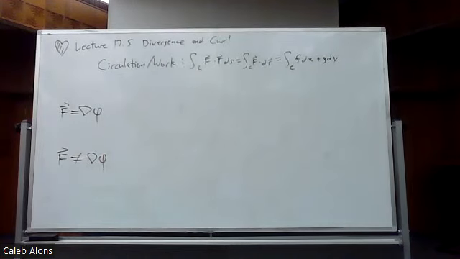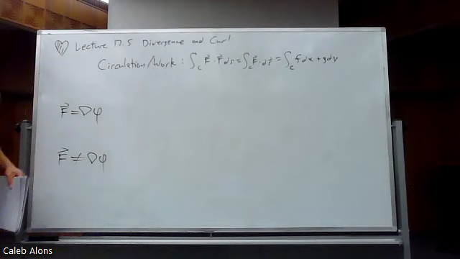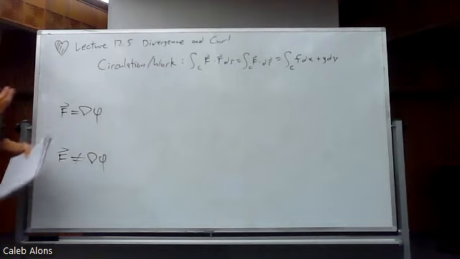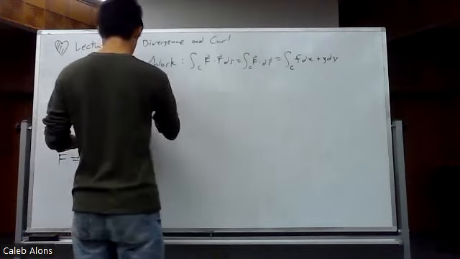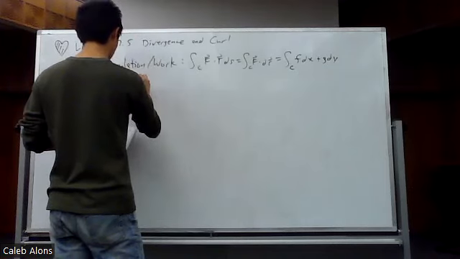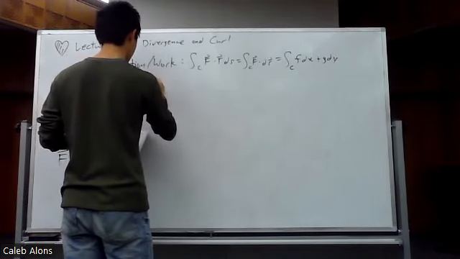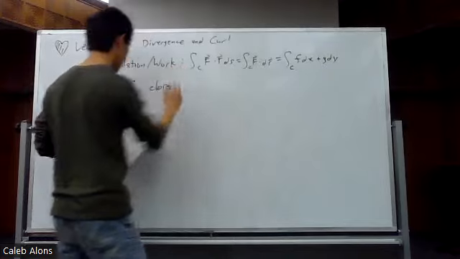Now there are two options for our curves as well. The curve can be closed or not closed. Let's look at what happens if the curve C is closed.